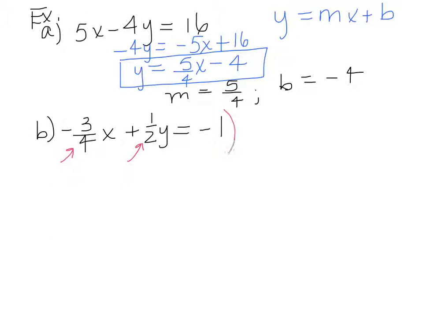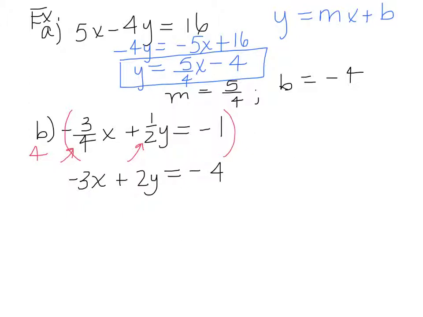So I'm going to multiply this entire equation by 4, every term by 4. So the first one would be negative 12 over 4, which is negative 3x. Half of 4 would give me 2. And then 4 times negative 1 gives me negative 4.